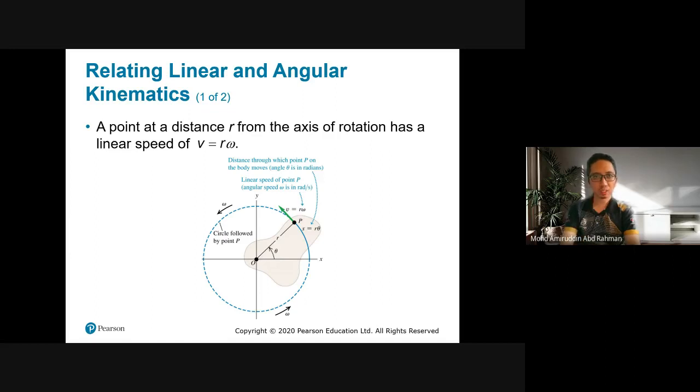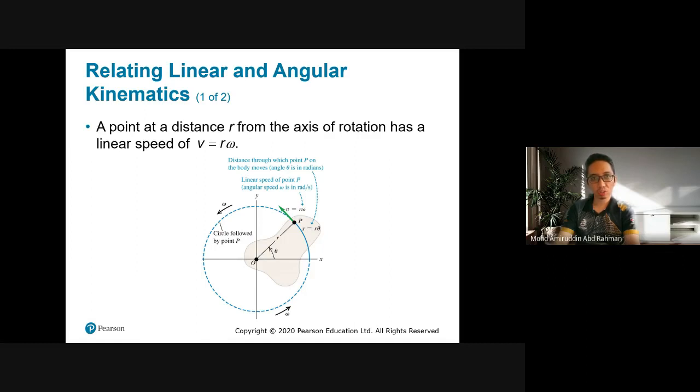So what do we have there? The distance which point P on the body moves, we have the theta. And then we have the linear speed of point P. Point P is traveling at a linear speed, which is v, so v equals r omega, where omega is the angular velocity and r is the radius.